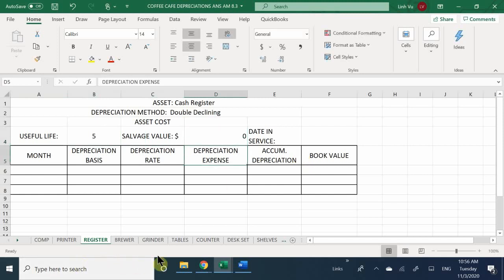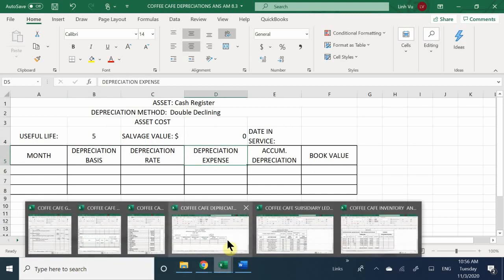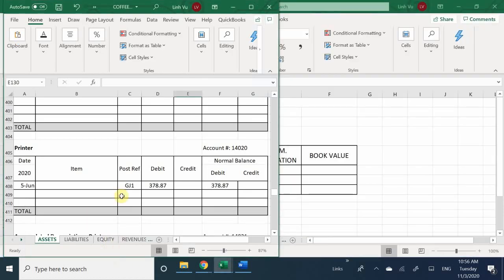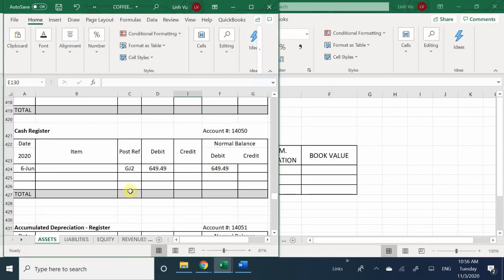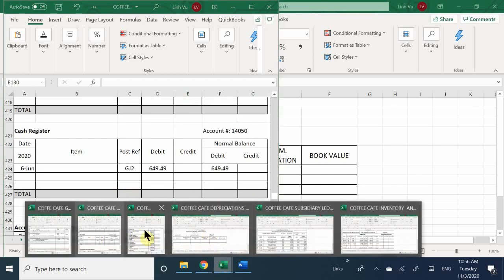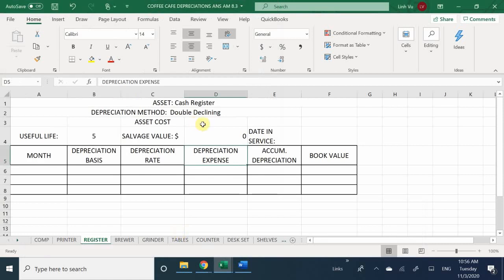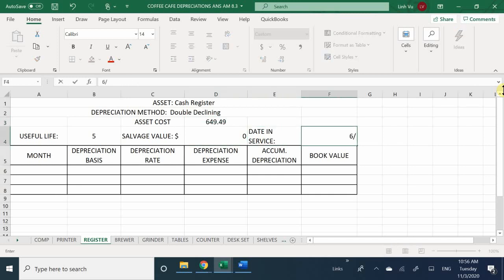Let's look into our ledger to see how much that cash register cost us. It's $649.49, and we placed it into service on the 6th of June, because obviously we need to test it out.